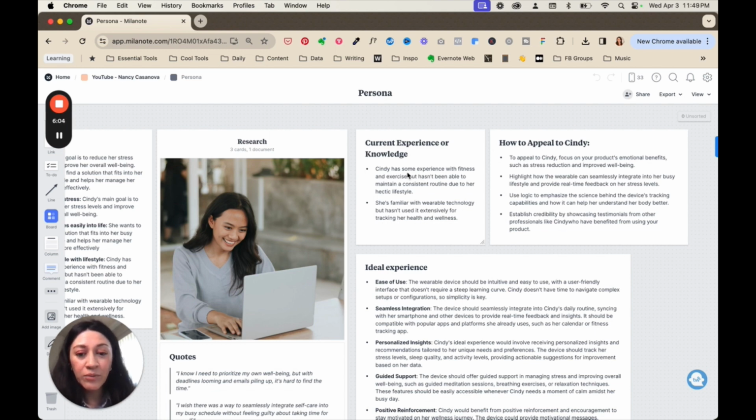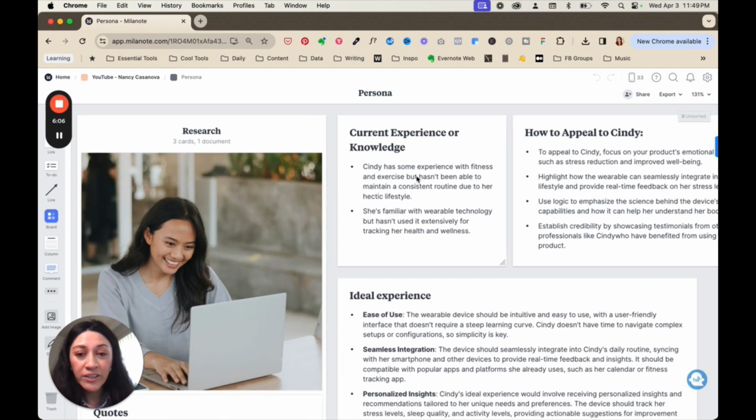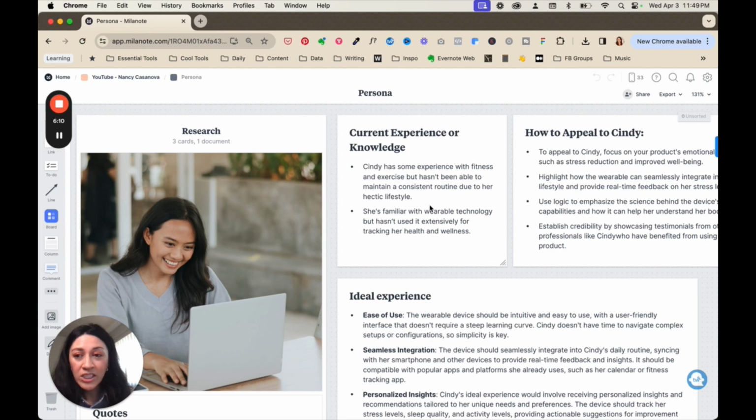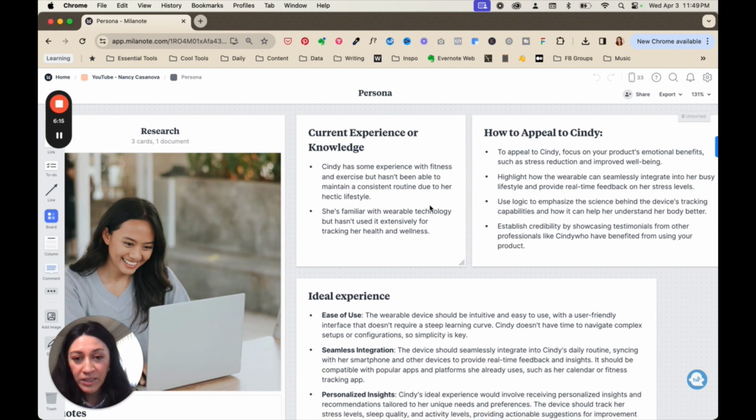What we know is that her current knowledge or experience is that she's familiar with it but hasn't really used it. She hasn't been able to maintain something because she has a hectic lifestyle.